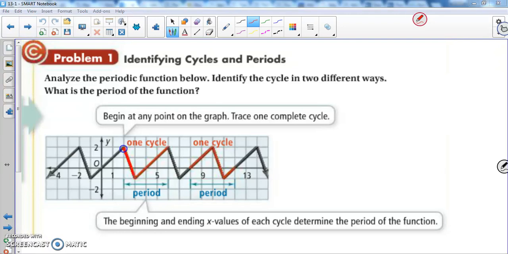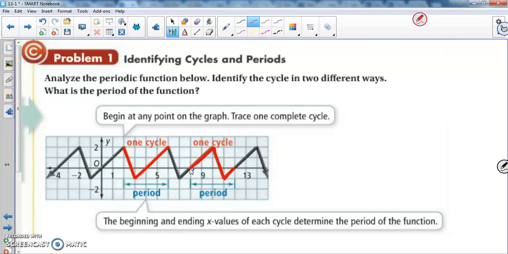So here we have one cycle, or we can start at the x-axis, and we have the next cycle. So those are two different ways we can have a cycle. But please notice that our period remains the same.